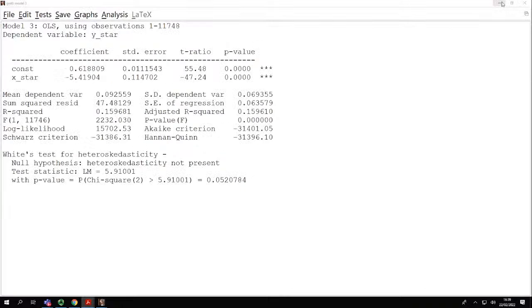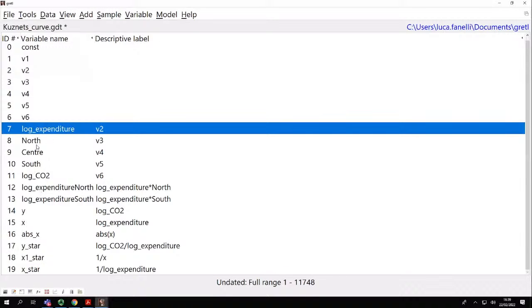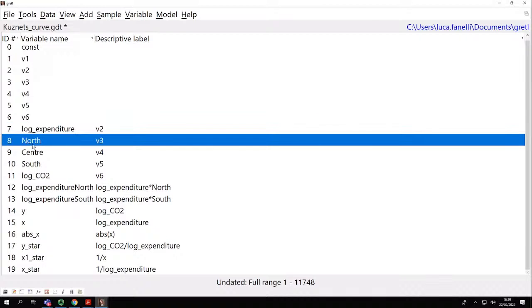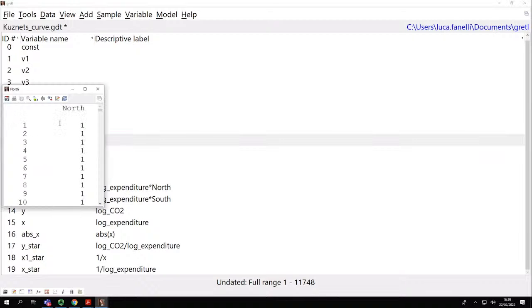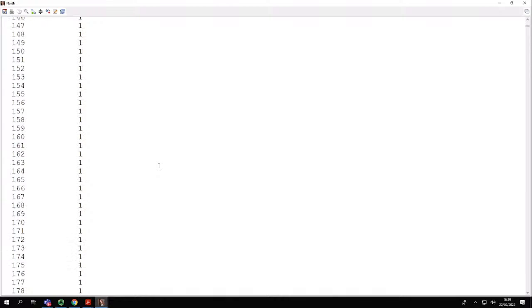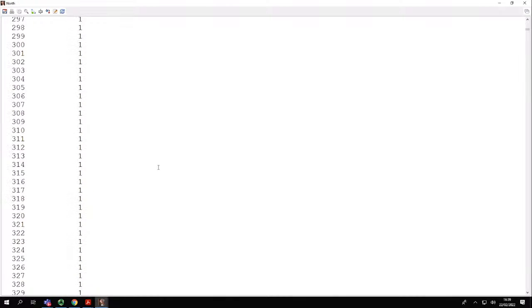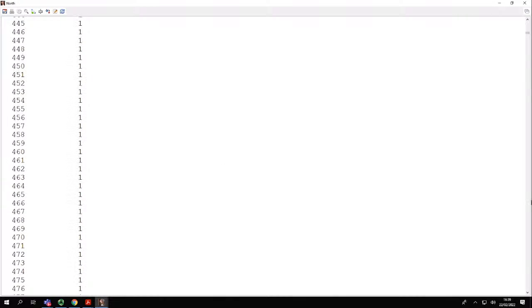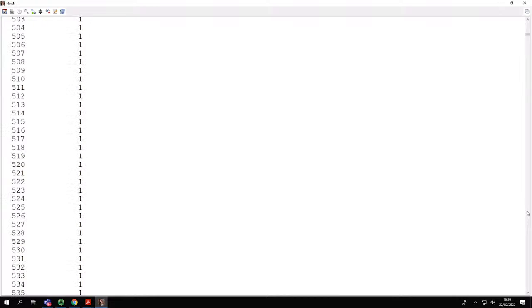I don't know if we have the time to talk about dummy variables, but in the data set I sent you, you will find this variable north. You will find a set of ones and zeros. Basically, the ones are associated with the households that belong to the north of Italy, and at a given point you will find zeros.